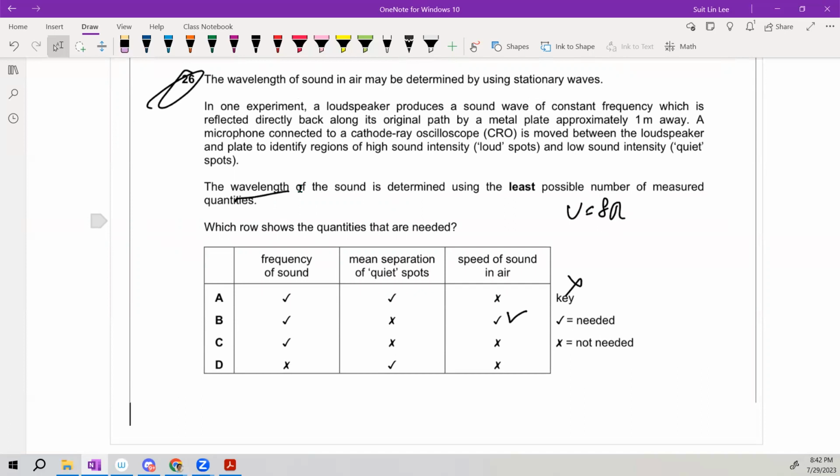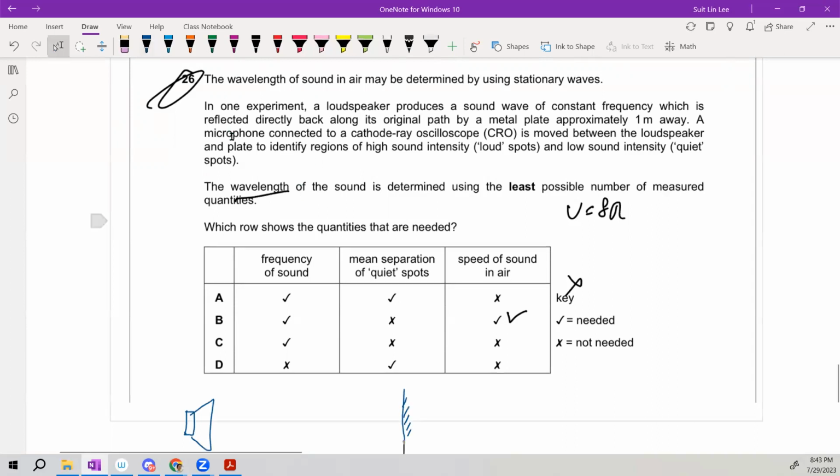This question says that the wavelength of sound in air may be determined using stationary waves. In one experiment, a loudspeaker produces a sound wave of constant frequency, which is reflected directly back along its original path by a metal plate approximately 1 meter away. So to form a stationary wave, we have a wave source, then we have a reflector here.